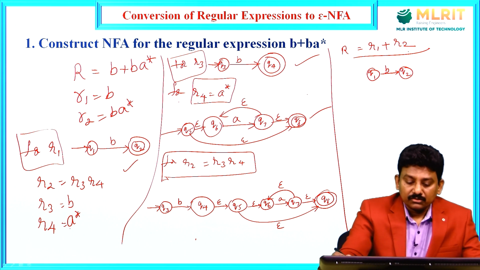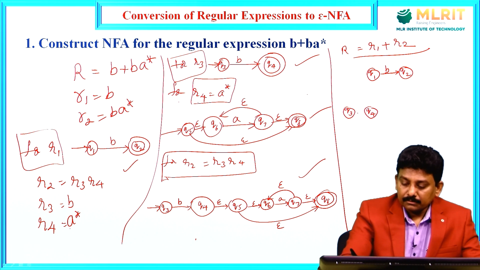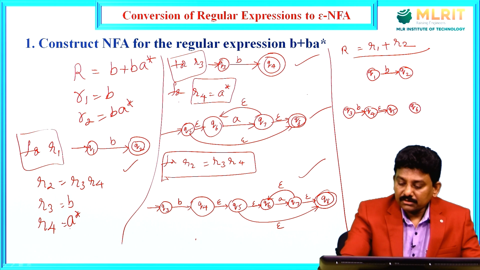Next, R2 is this: Q3, Q4 with B transition, Q5 with epsilon transition, Q6, Q7 with A, epsilon, Q8 with epsilon transition, and Q5 to Q8 epsilon transition.